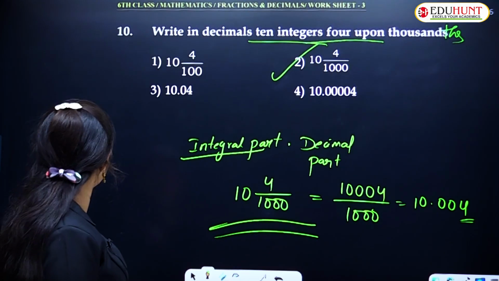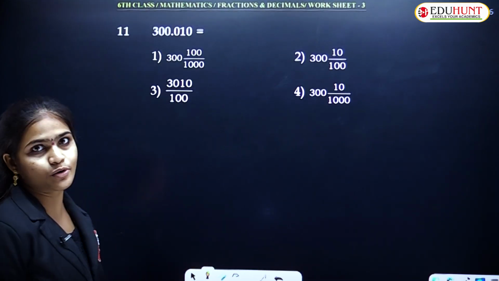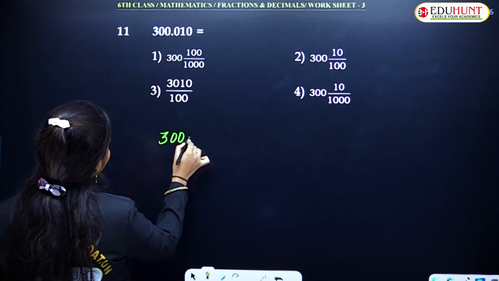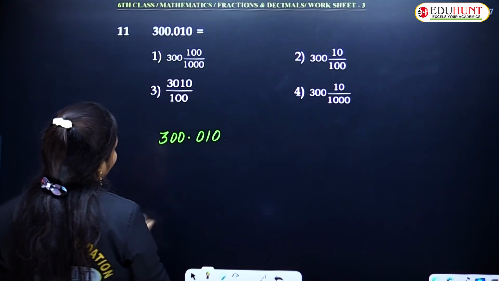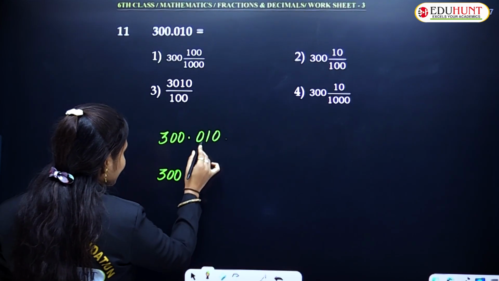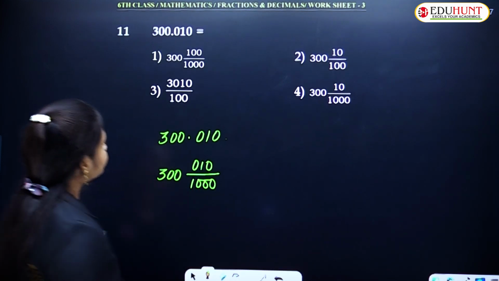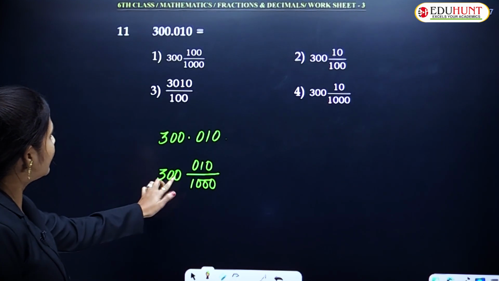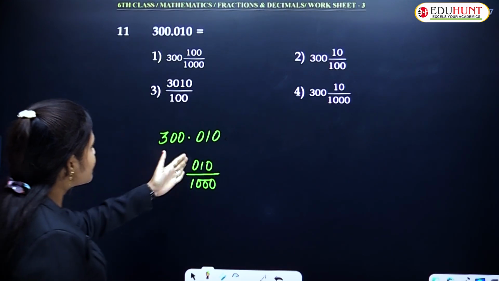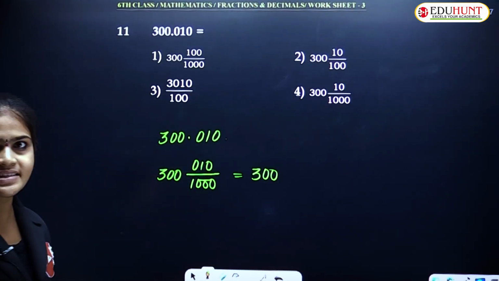Understand? Yes. Next, 11th one here, 300.010. We can write the integral part as 300, and this part as 010 by 1000. So 300 and 010 by 1000. Otherwise we can write it as 300, and here the 0 is there, no need to write that 0, why?